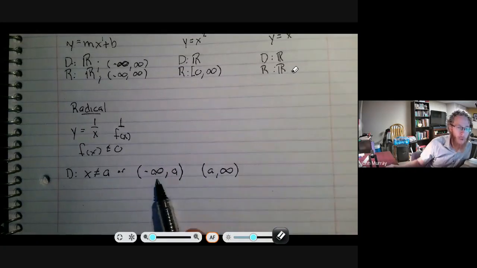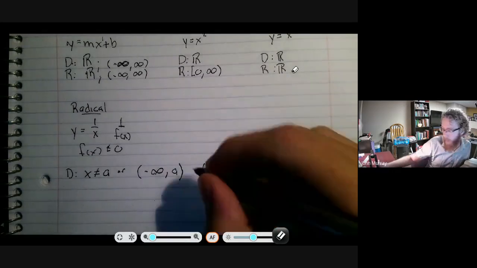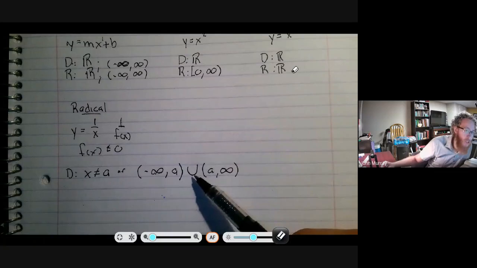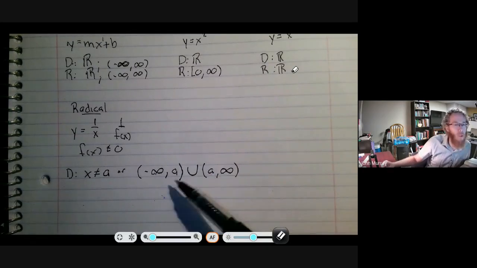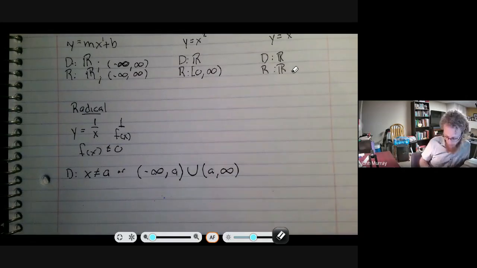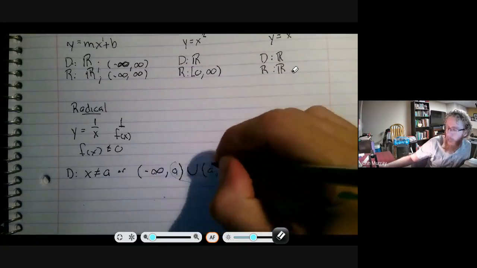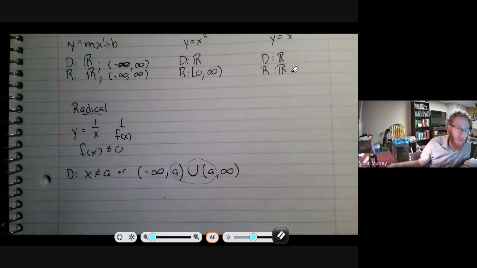The way we can show that it's both of these is I'm going to put a big U, which means both of those. So this is like we're skipping a, hopping over a, and it's everything else.